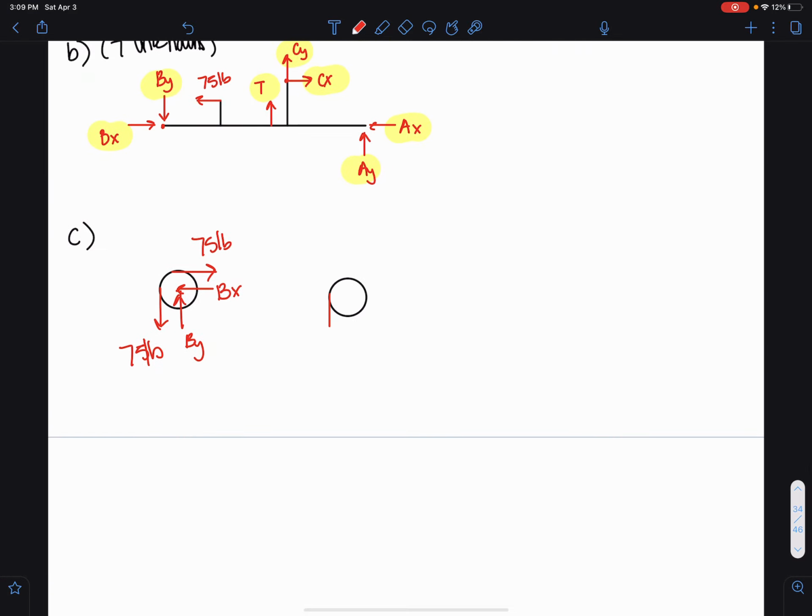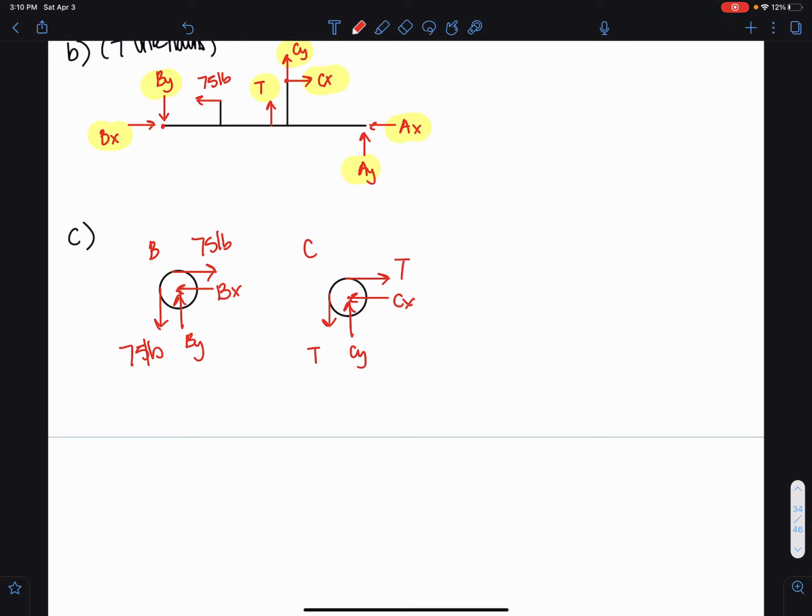And for C, this is B and this is C. For C, we don't know what the tension is, but whatever that tension is, it's the same tension in the whole cord. And then we have CX, and then we have a CY, right? And the BX, BY, CX, and CY of the pins on the pulleys are equal but opposite forces, right?